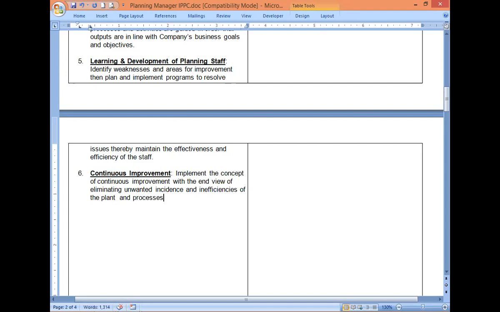It's good if you try to practice lean management if you are working in a manufacturing plant. You try to save the wastage, you know, save waste in manufacturing. Part of lean management, very good.